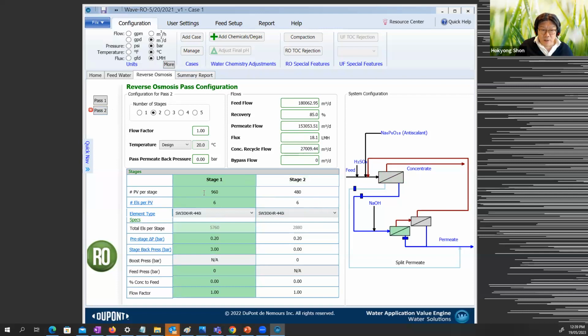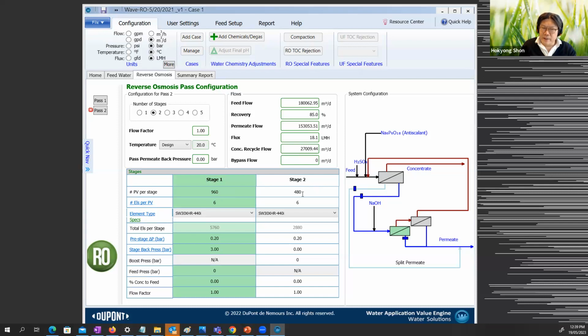Also, if you see stage 1, 2, he has designed 66 here and then 24. In fact, this is almost 3 times lower volume, but it's supposed to have around 300 something in stage 1, and stage 2, 100 something.